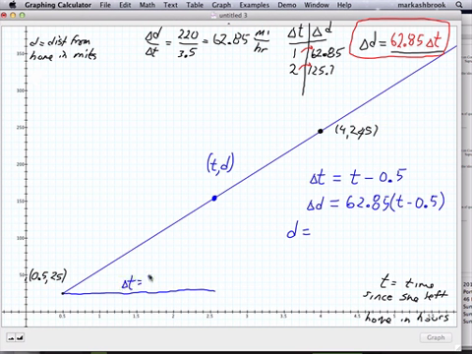The change in t is t minus 0.5. And now we said that this change in distance is equal to 62.85 times that.